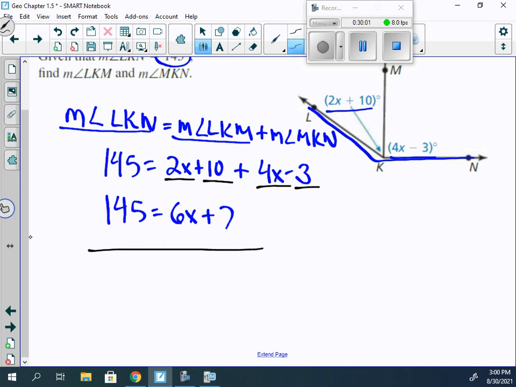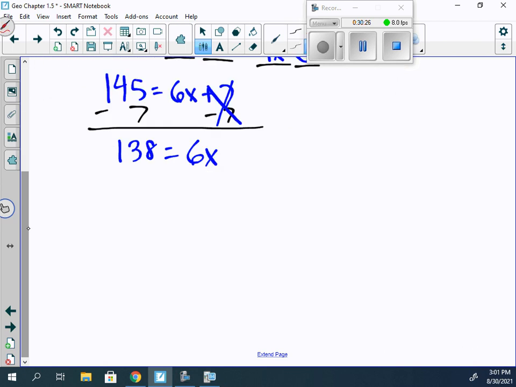I would subtract 7 from both sides. Because when we look at this here, we wanted to first get variables on the same side. Well, x is already all on one side, yes? So let's get rid of the 7. Because if I subtract 7 from both sides, this side here I will get 6x. 145 minus 7 is 138.